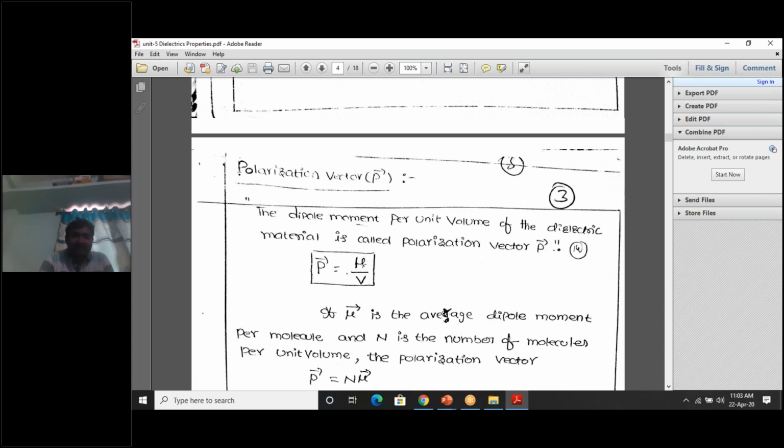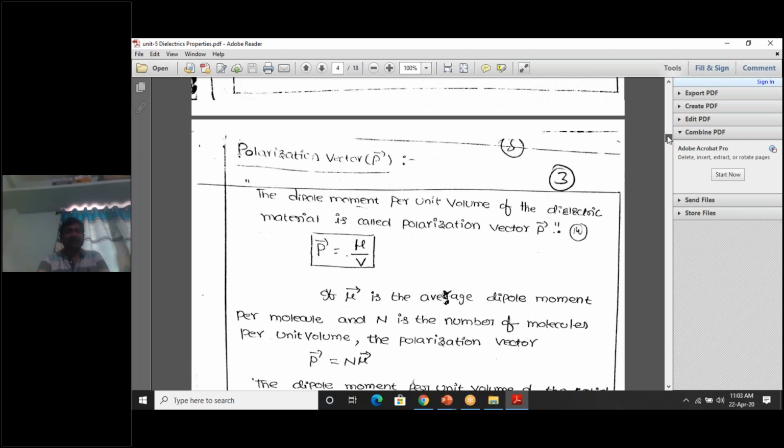As mu value increases, the P value also increases. How does the mu value increase? By increasing the electric field. So as electric field increases, mu increases. As mu increases, the P value also increases for a constant volume. Let us say this V value is constant. So E is proportional to mu, mu is proportional to P. So P is proportional to E.